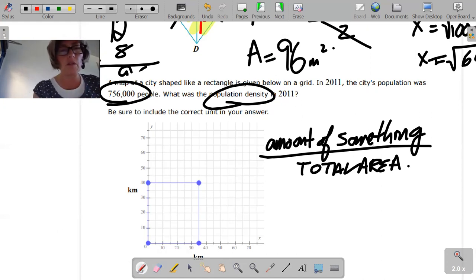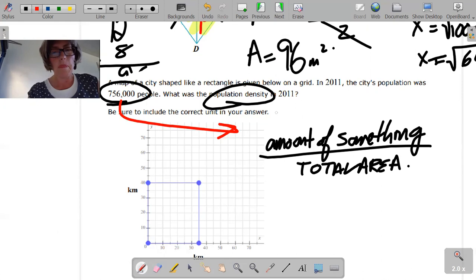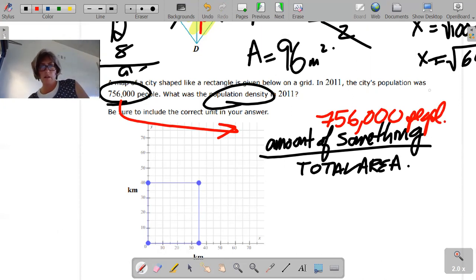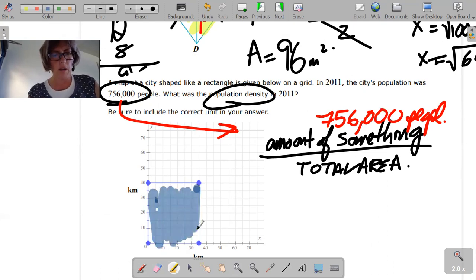Our something here is the people. So our amount of something is 756,000 folks, people, per, we're going to give density, the area here, how many people on average live per square kilometer.